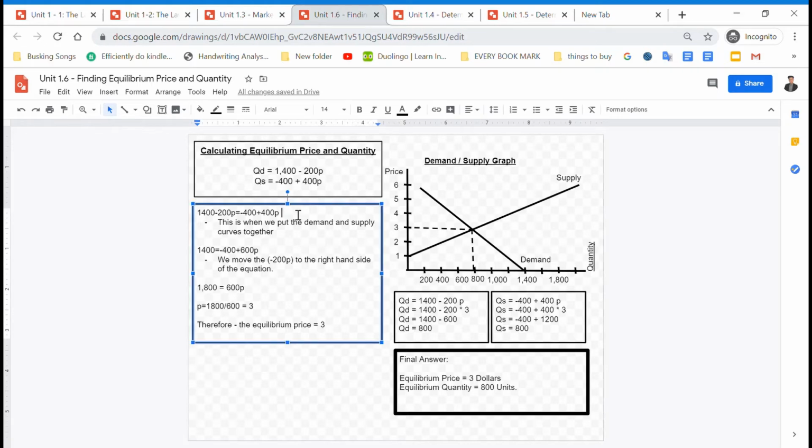So what we do is set QS equal to QD. We put these two equations together: 1400 minus 200p equals negative 400 plus 400p.